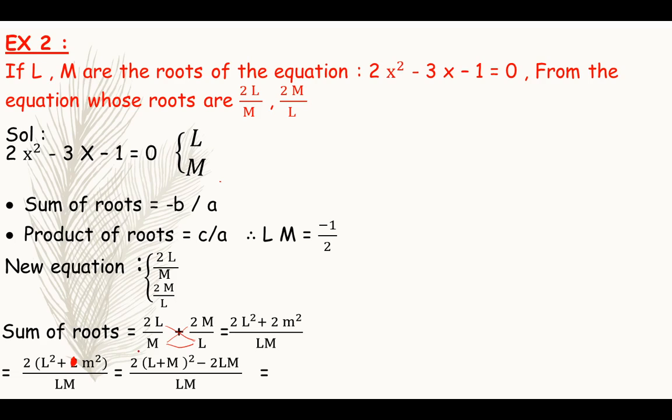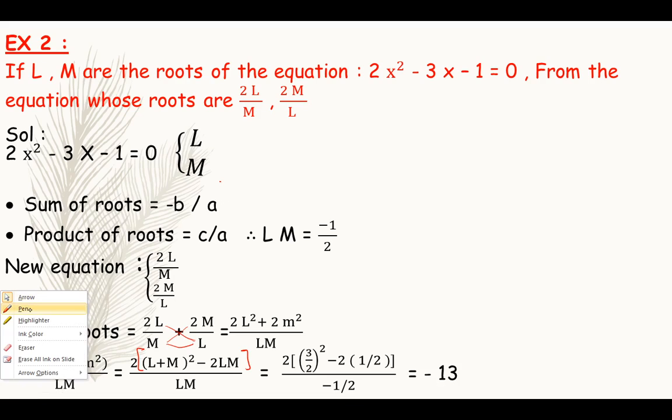And don't forget to put a bigger bracket here to be correct. Now 2 multiplied by L plus M, the sum of the roots will be equal to 3 over 2.